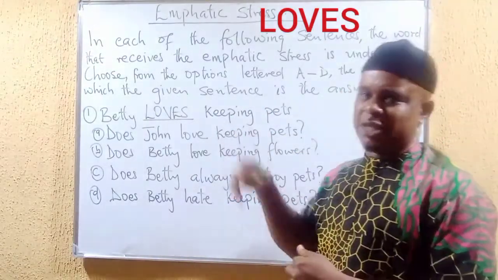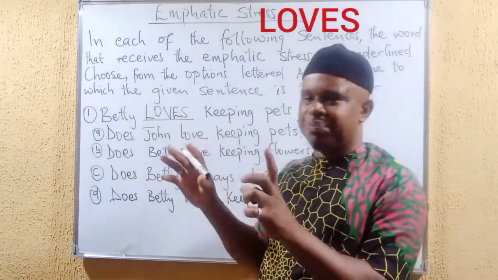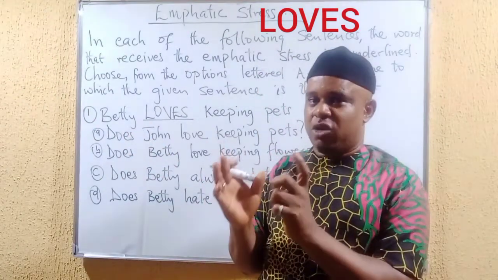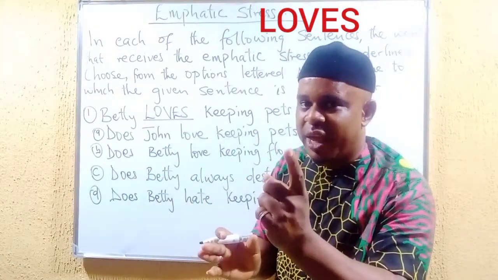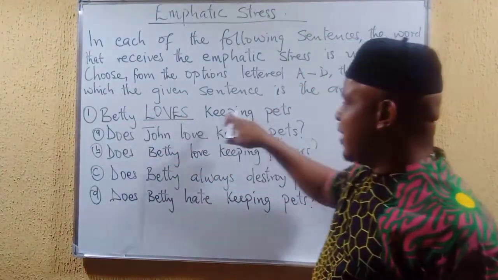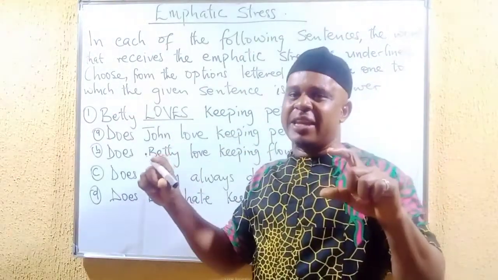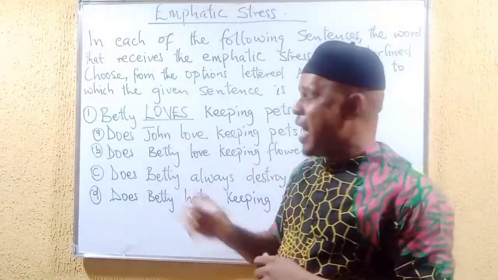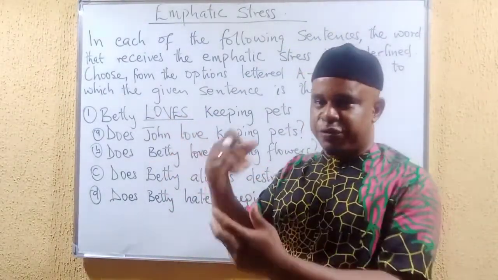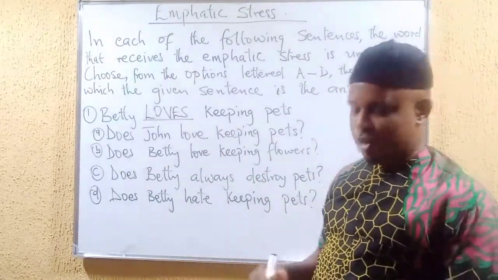Pet is equally part of the sentence, but we should have a kind of focus on the loves, which is the particular word under emphasis. Our focus is not going to be on the rest of these other words, but on the loves, which has been underlined and written in capital letter as the word under emphasis. So we are looking for the contrast to be our answer from the expressions under the options given.